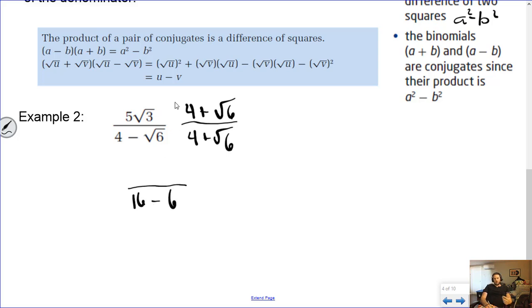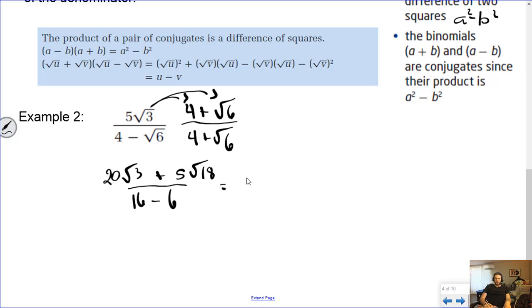Now the top, on the other hand, we have to do a bit of calculations here. We have to take this 5 root 3 and multiply it into my numerator. So we're going to multiply it by 4 and multiply it by root 6. So 5 root 3 times 4 is 20 root 3. And 5 root 3 times root 6 is 5 root 18.